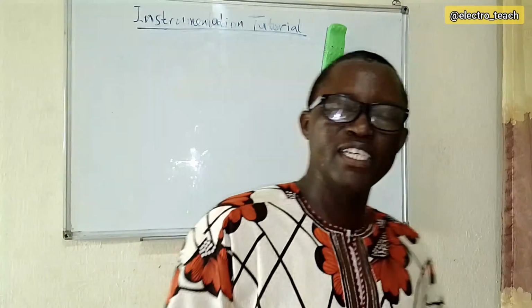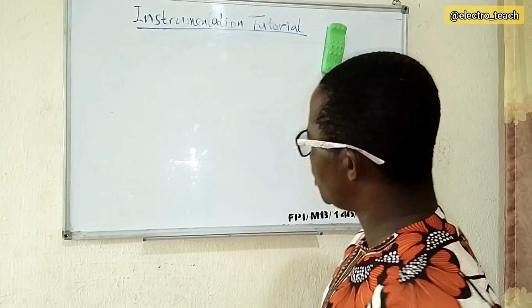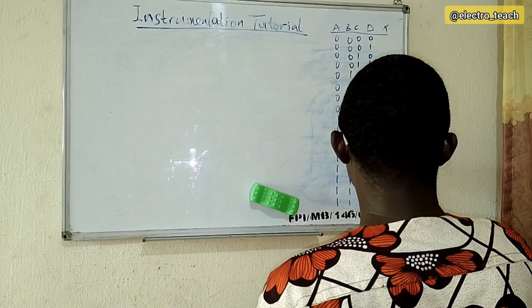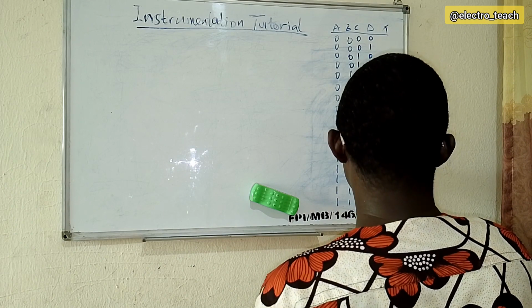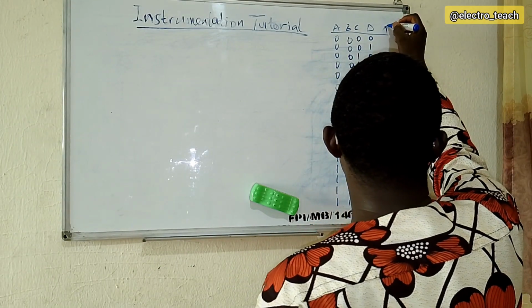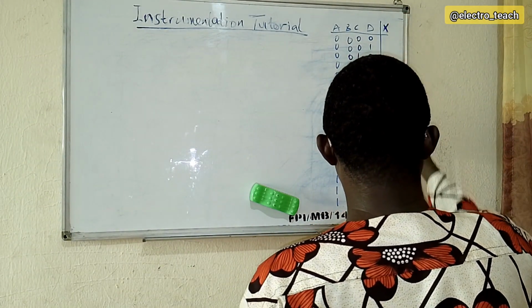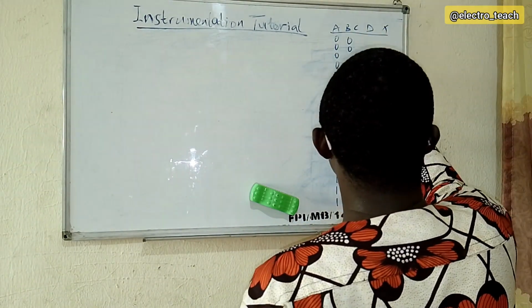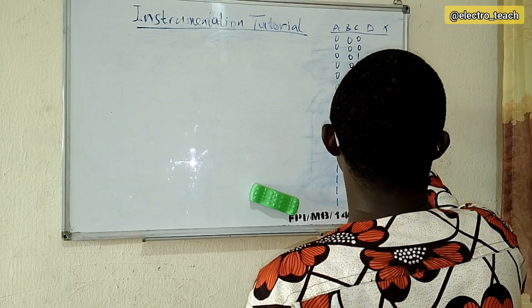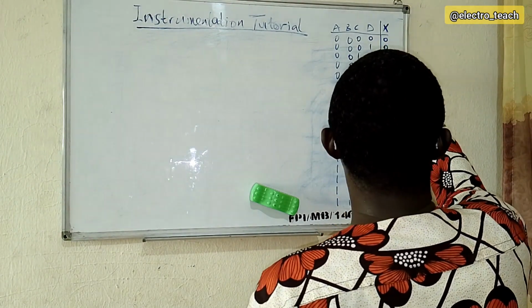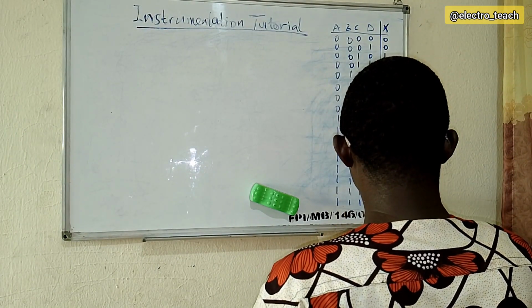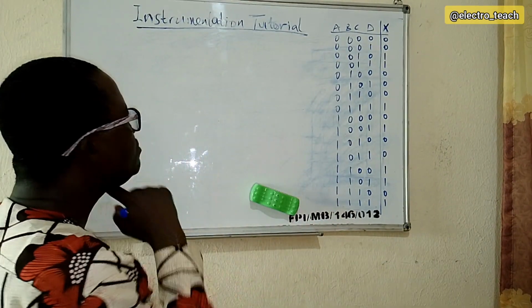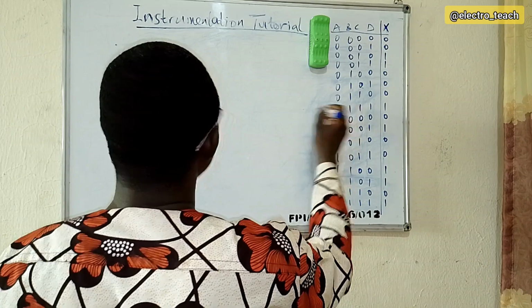So let us look at question number 2. This is the way to develop the truth table for 4 input combinational logic gates, A B C D. Okay, this is a given truth table. So we are going to look at this and then simplify using a Karnaugh map.